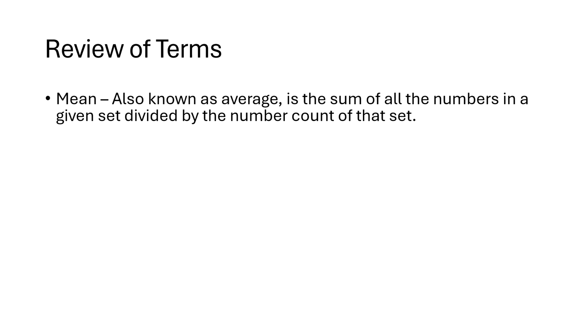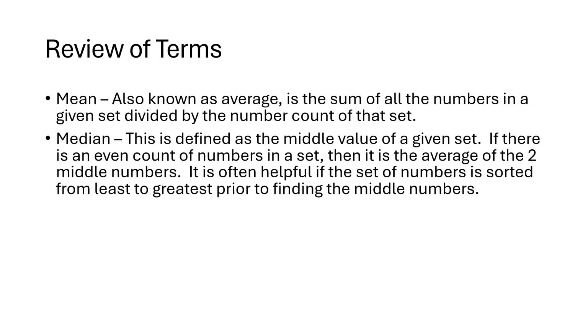Here is a review of all the terms that we've learned in this lesson. Mean, also known as average, is the sum of all the numbers in the data set divided by the count of numbers in that data set. Median is defined as the middle value of a given data set.